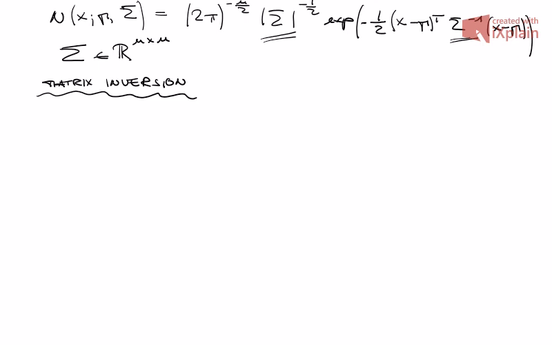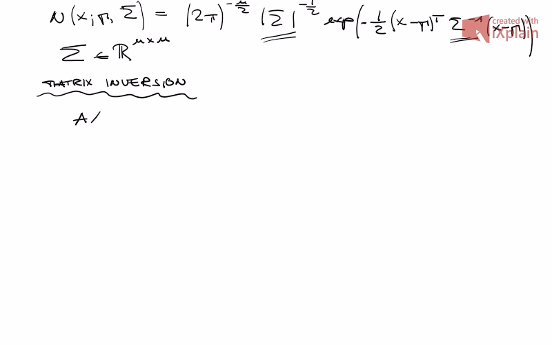So I will basically just try to give you an intuition about matrix inversion, because it would be way too much to cover it in any depth. So the way I will do that is appeal to the intuition that you have from school. So let's talk about matrix inversion now.